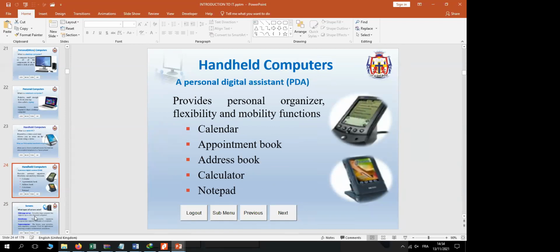Then we have personal digital assistant, that is PDA. For example, look at those people who do meter reading. Very tiny. They help them to automate office operations while they are in the field.